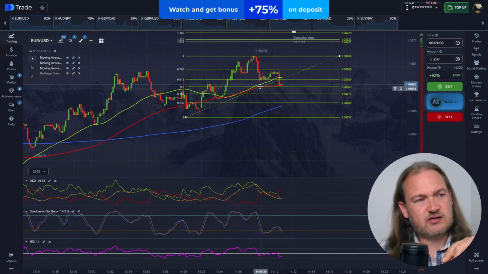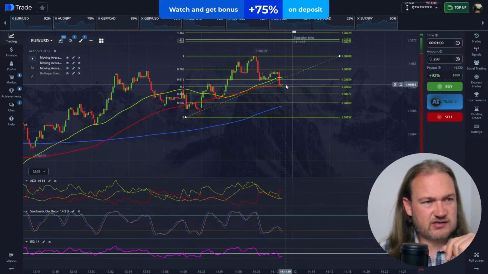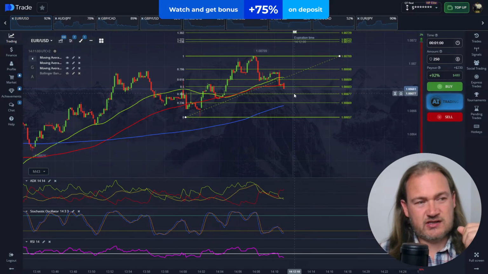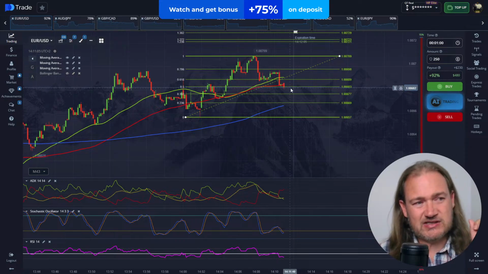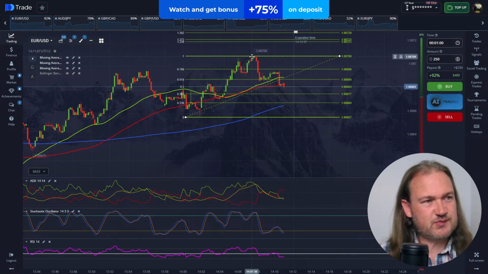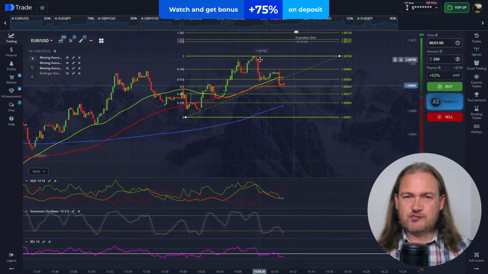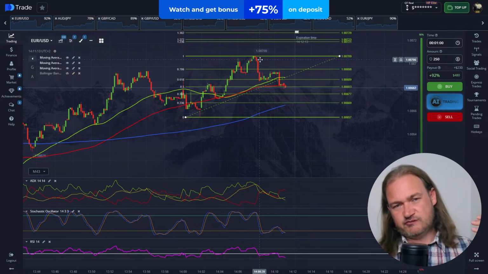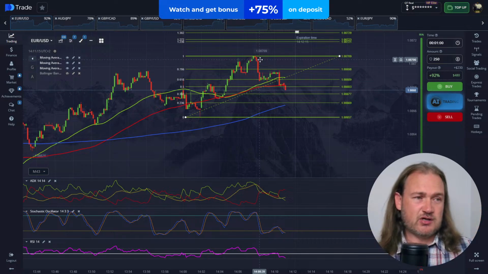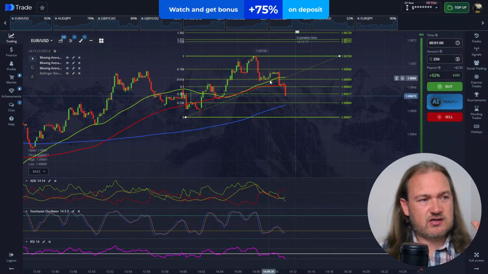So we're going to be looking now to start moving our fib retracement lines as well. Because clearly we're in a downwards move now, in a bearish move. Yeah, this will not be a trend, it will just be a bearish move, because in a bullish move we see higher highs and higher lows, and in a bearish move we see lower highs and lower lows, and we are currently doing that.